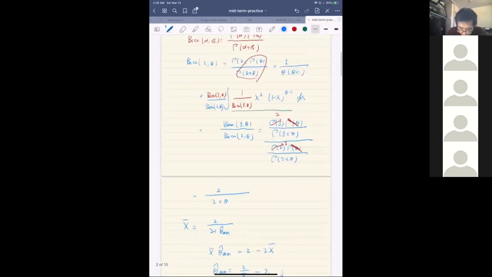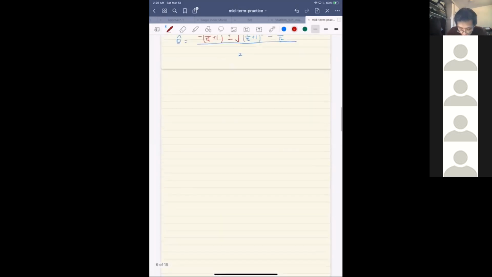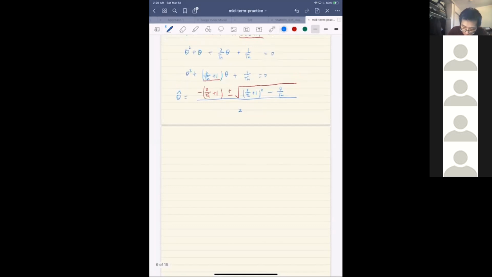And from the question, we know that the theta should be positive. So we can have the theta hat equal to this.